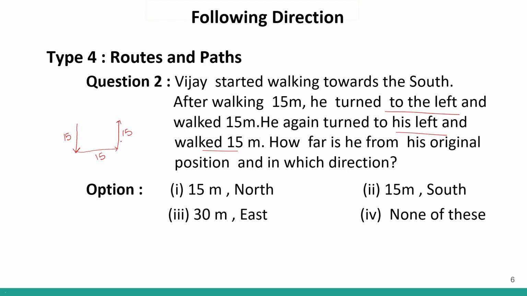We have to find out how far he is from his original position. So this point was the original position, and with respect to the original position, he is towards the east. And how much? 15 meters. So the answer will be 15 meters towards the east direction. Do we have an option? No. So the answer will be option number 4, none of these.